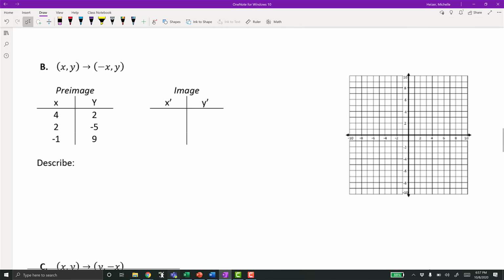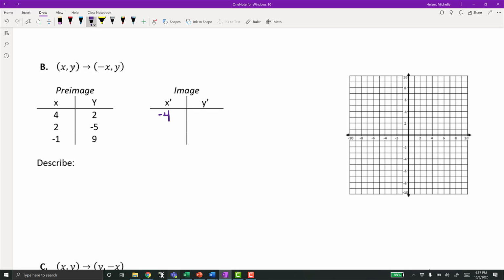So let's look here at this example B. So now we're going to take our point and we're going to do this transformation on it. So what I notice about this is that my y values all stay the same and my x values just become the opposite sign. So if I had an x value of 4, it's now -4.